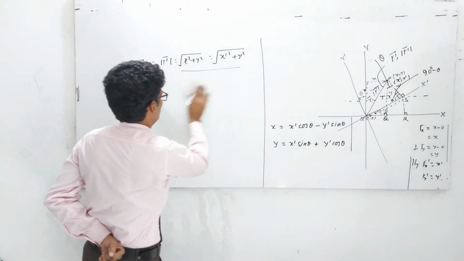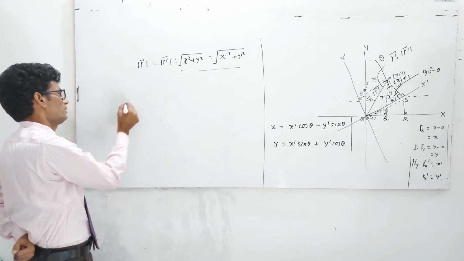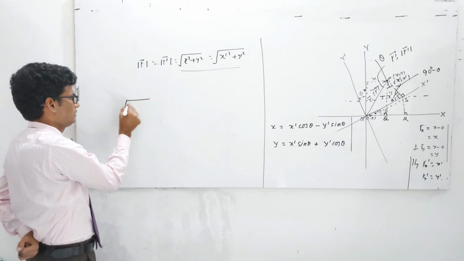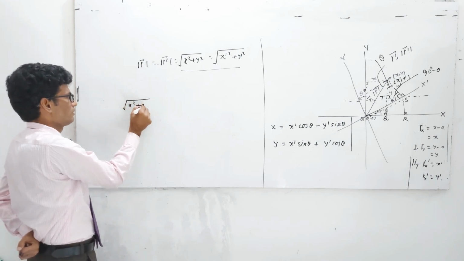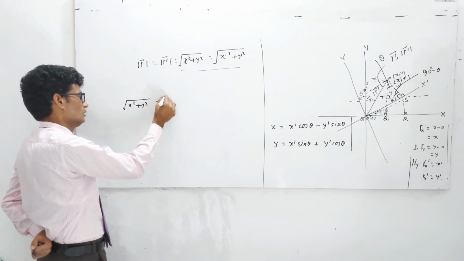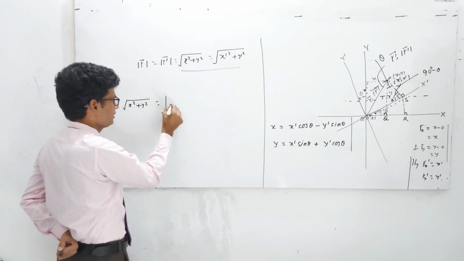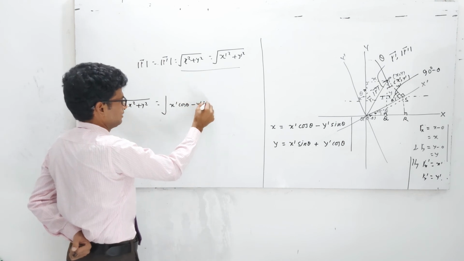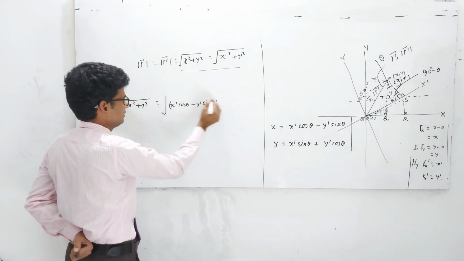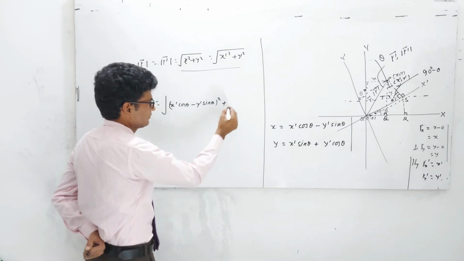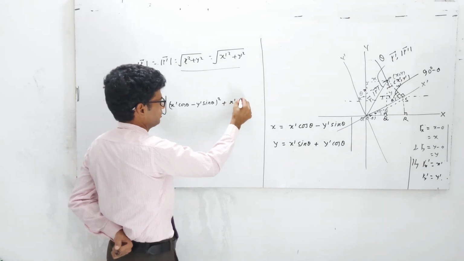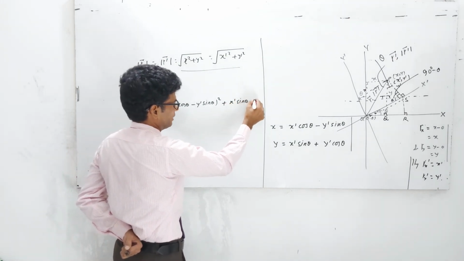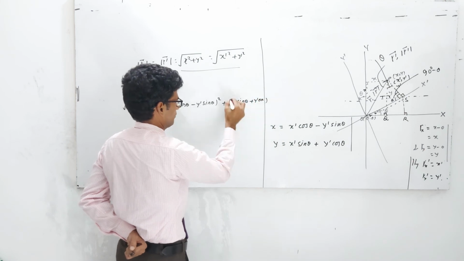Let us prove it. So take under root x square plus y square, which is equal to under root of x prime cos theta minus y prime sin theta whole square plus x prime sin theta plus y prime cos theta whole square.